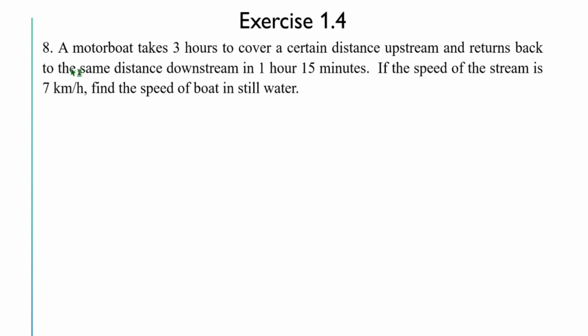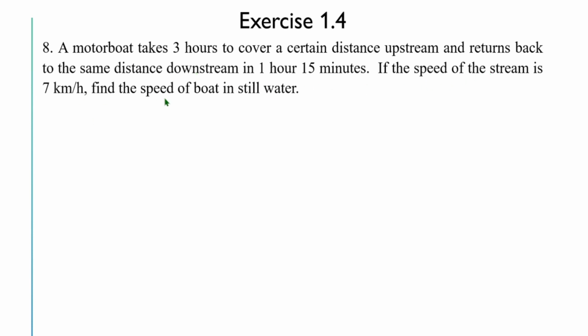Next question. A motorboat takes 3 hours to cover a certain distance upstream and returns back the same distance downstream in 1 hour 15 minutes. If the speed of the stream is 7 kilometers per hour, find the speed of the boat in still water. So they have given the time taken upstream, time taken downstream, and speed of stream.